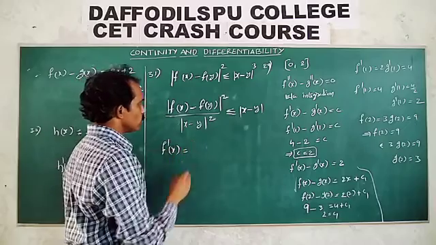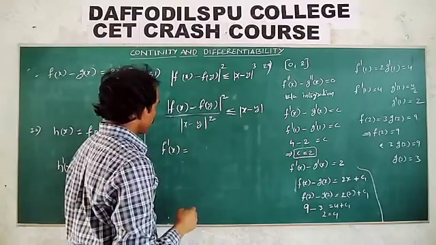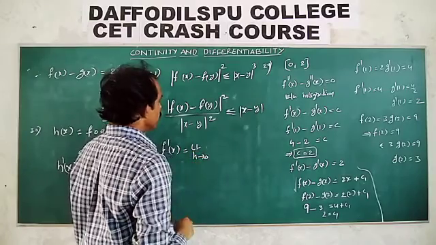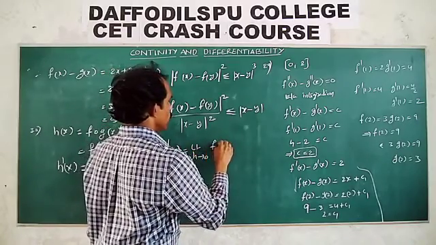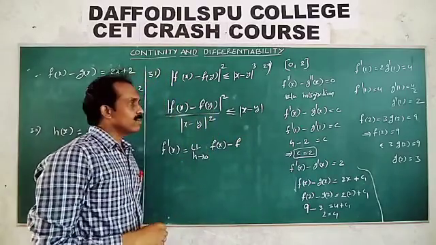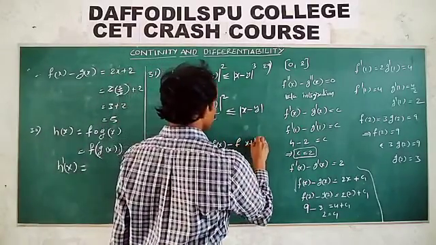f dash x is equal to, in this we'll put limit distance to 0, limit distance to 0, f of x minus, in y place I will take x plus h.